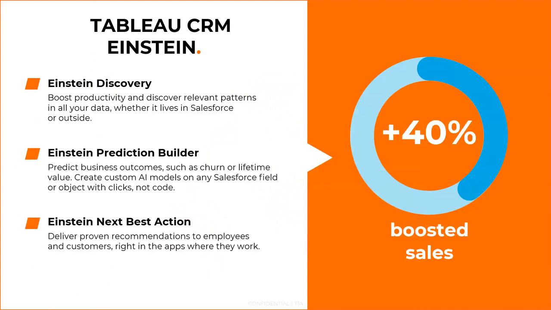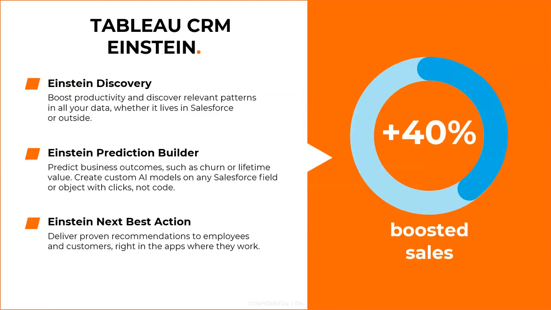Let's just say a couple of words about Einstein AI. As I said, it is now built into Tableau CRM. The three main products that make up Einstein are Discovery, Prediction Builder, and Next Best Action.